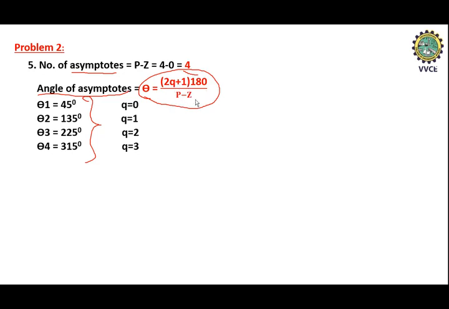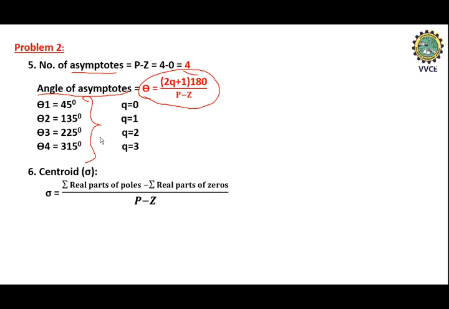P minus z is 4 minus 0, that is 4. Q can be substituted as 0, 1, 2, 3. 4 values we need to substitute here to get the angle value. So 45 degrees, 135 degrees, 225 degrees, 315 degrees. These are the directions of infinite branches. So we'll have 4 infinite branches in the direction of these angles.